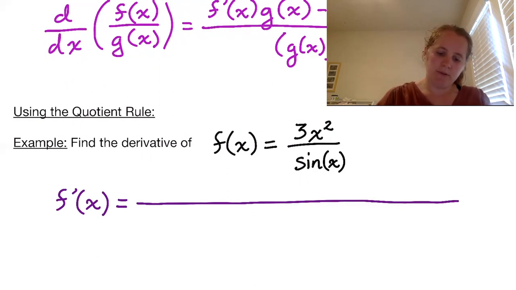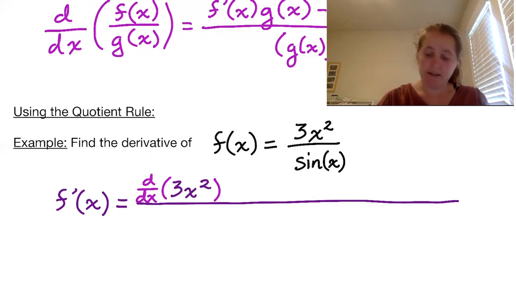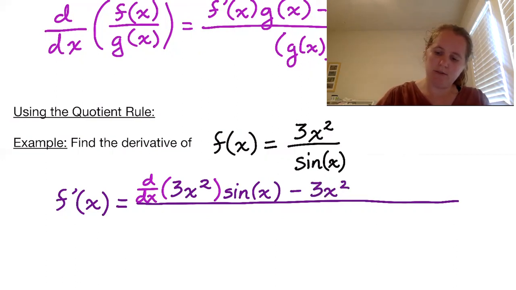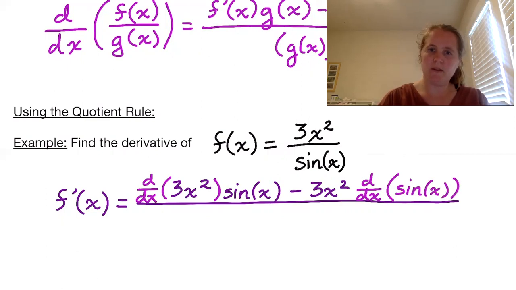We do the derivative of the first, so the derivative of our 3x squared, times the second, times sine of x. Then we subtract the first, 3x squared, times the derivative of the second, so the derivative of sine of x. All over the denominator, sine of x, the whole thing squared.